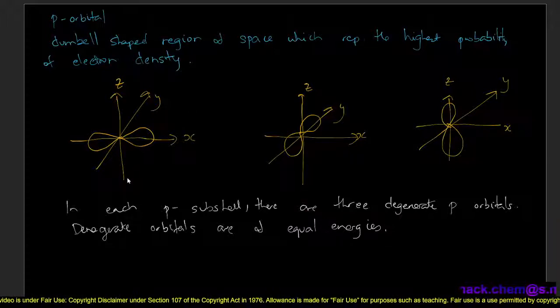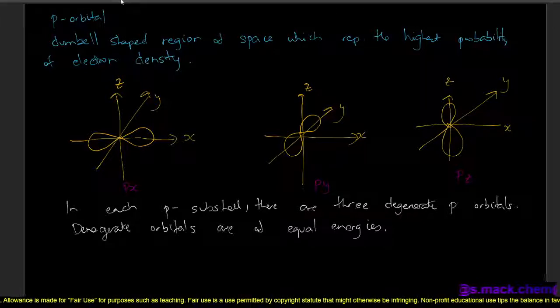And our 3 p orbitals we can now differentiate from each other. So instead of just calling this a p orbital, this a p orbital, this a p orbital, we can differentiate them by the axis that they lie on. So this is px, py, and a pz orbital.